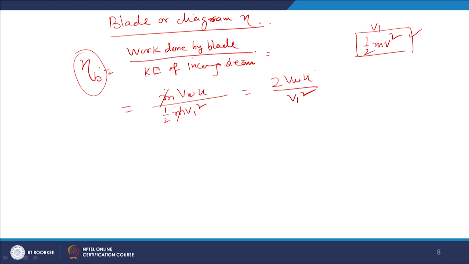Now this is blade efficiency, and it is independent of the mass flow rate, right. So it is a function of the component of the velocity diagram, peripheral velocity, and velocity of the incoming steam, and it is a strong function of velocity of incoming steam.